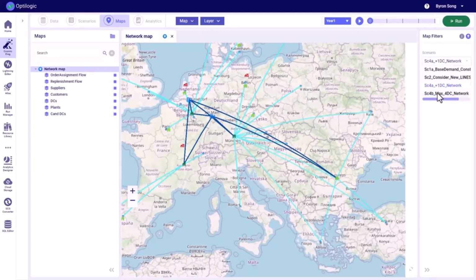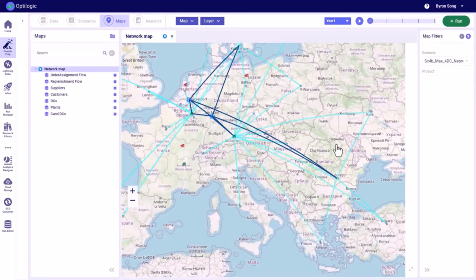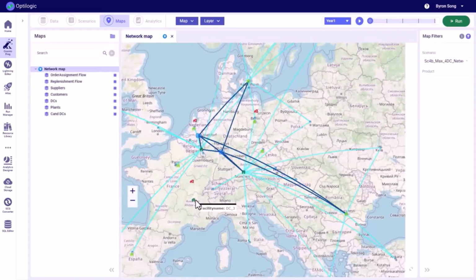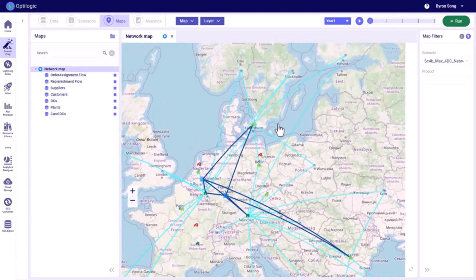For scenario 4B, we can see the DC3 is no longer linked. So this is the DC we're going to close. Instead, we're going to be serving the customers out of this Copenhagen DC.